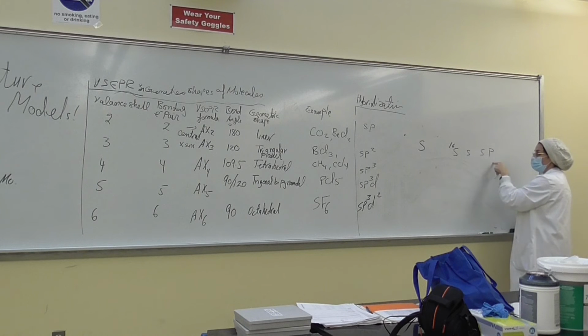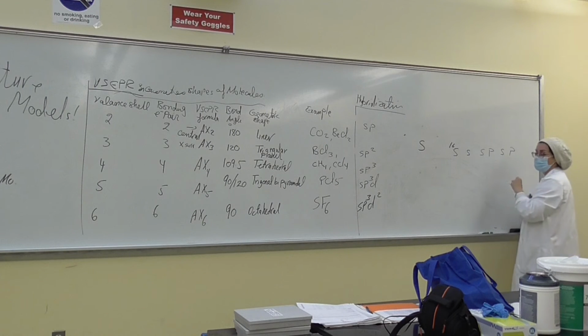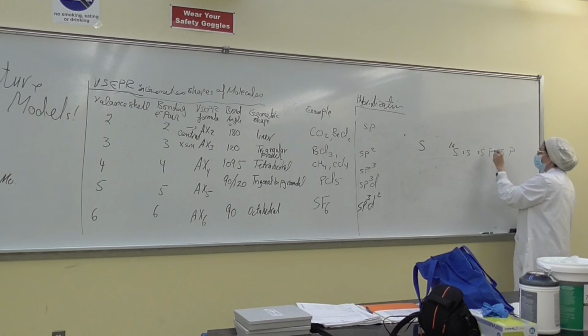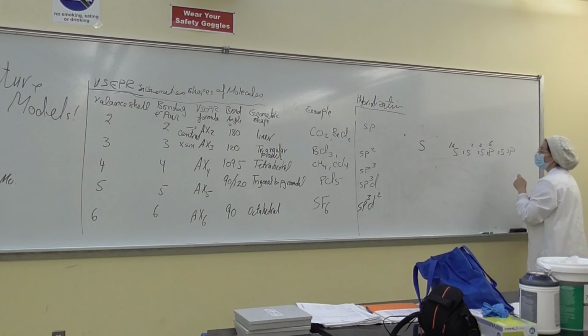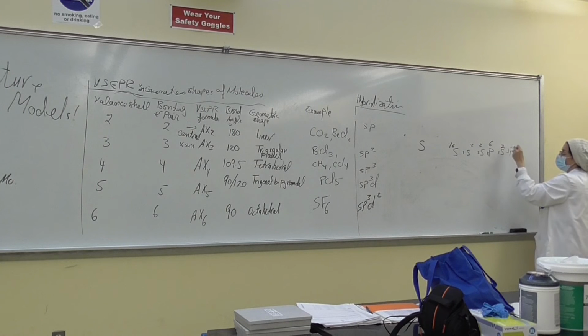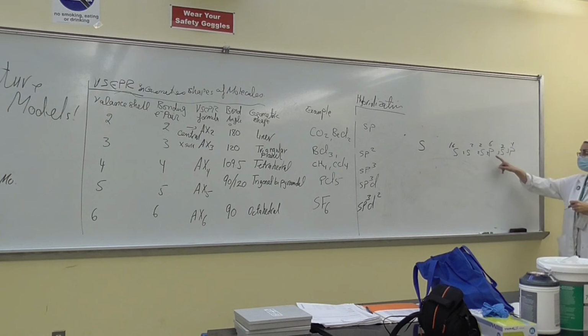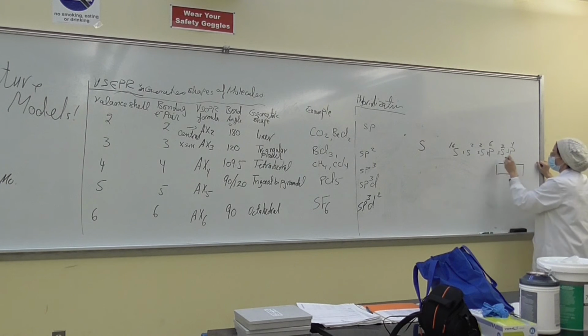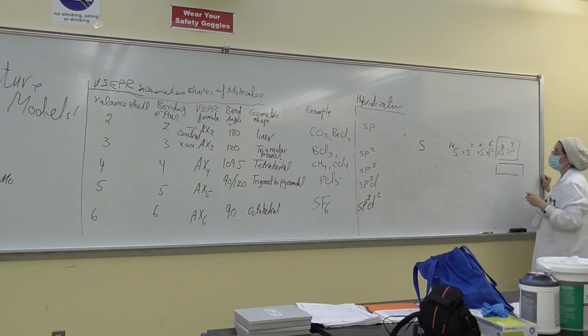Give me the electron configuration of sulfur. 3s2, 3p4. That's 10, and then I have 2 here and 4 here. All right, so how many do we have in the outermost shell? Those 6, okay? 6 electrons in the outermost shell.